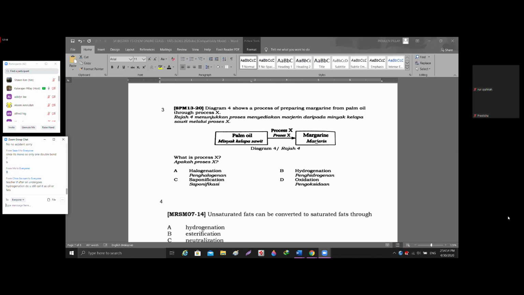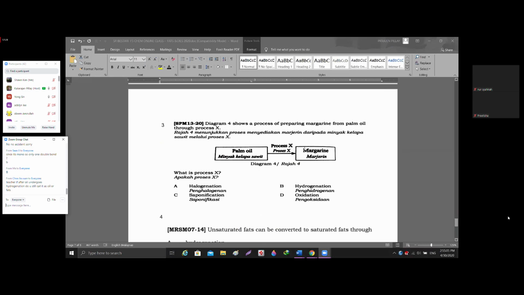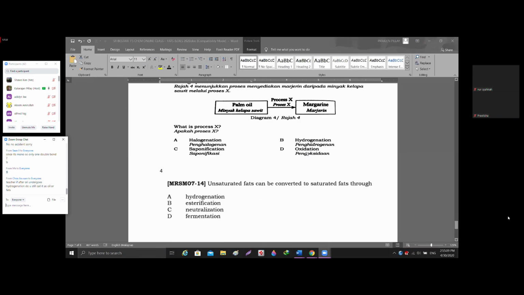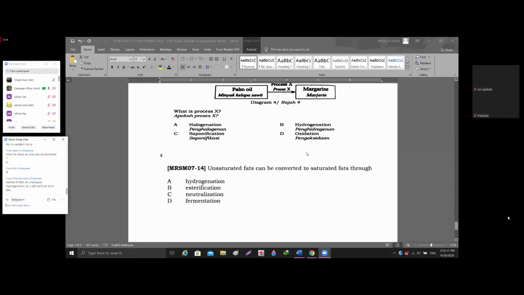Anyone want to try? Yongsin, give me the answer for number 3. Hydrogenation. Well done. The answer is B. This one came out in 2013, and this one another. I told you it's not always that it comes out, but it is most important.